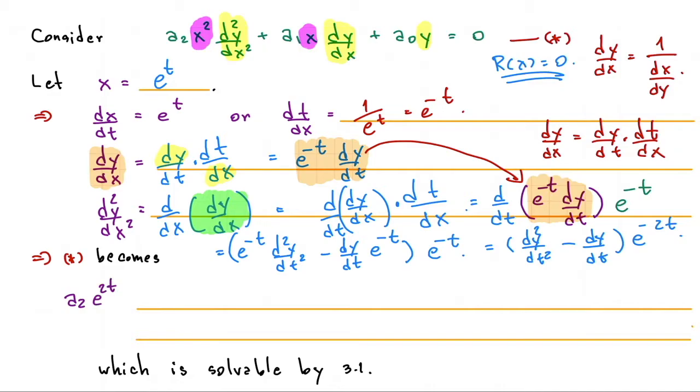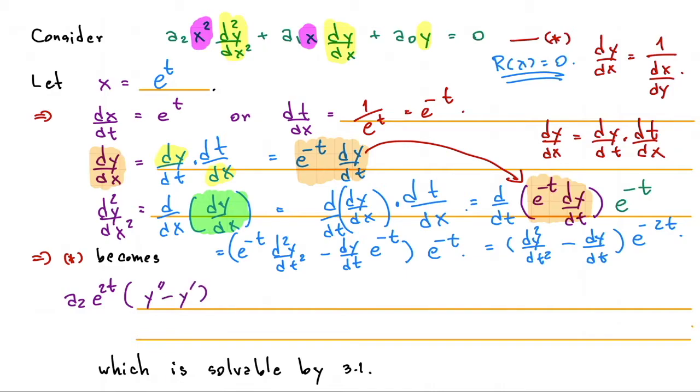Okay, x squared would be e to the 2t. Why? Because x is e to the t, so x squared is e to the 2t. The second derivative of y with respect to x would be y double prime minus y prime, right?